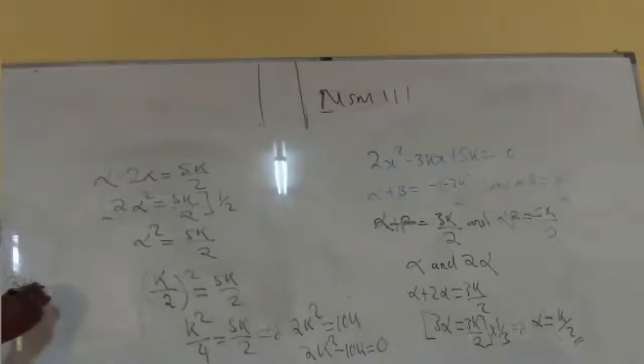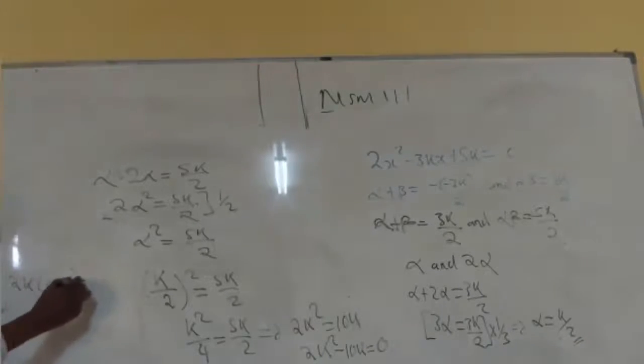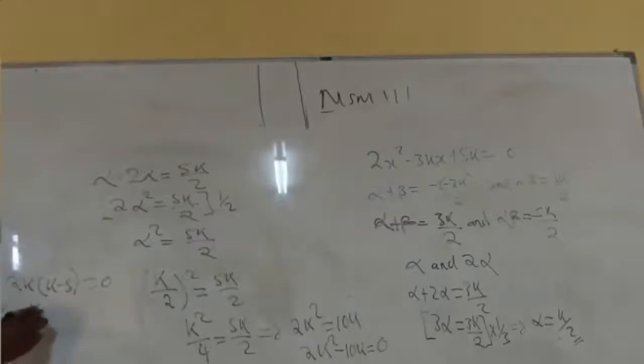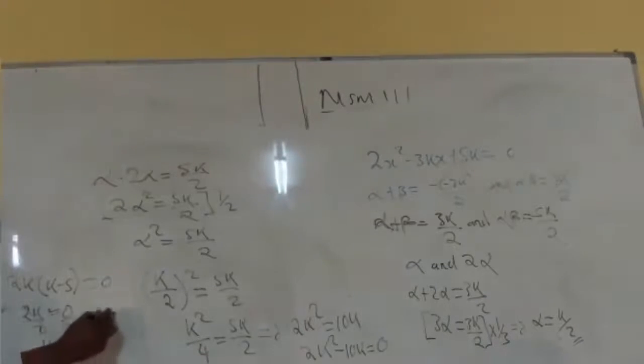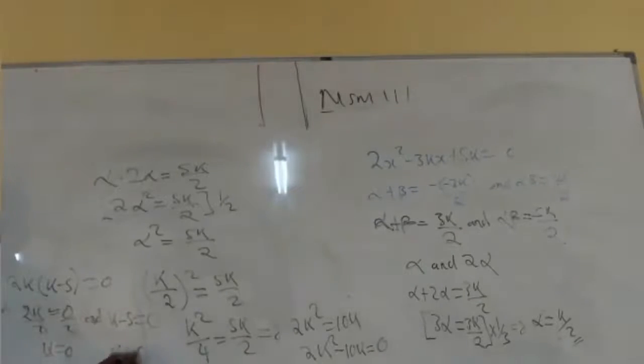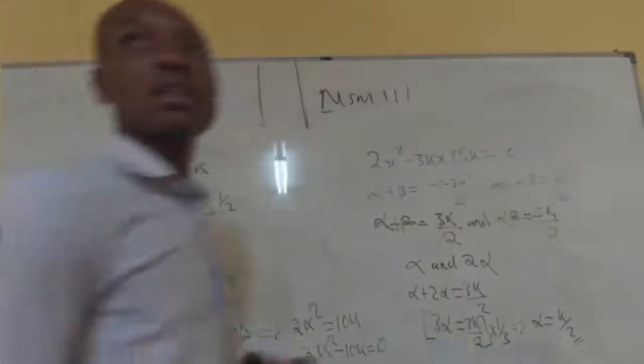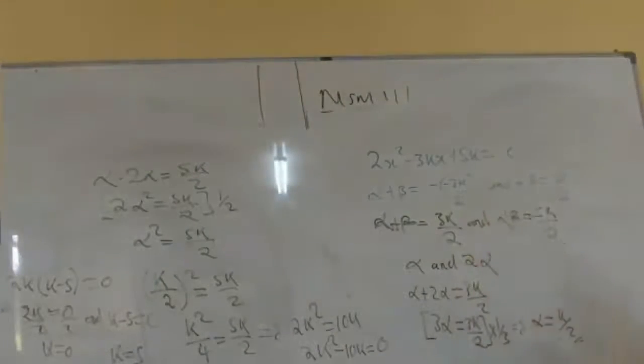What remains inside is k minus 5 equals 0. So we can say 2k is equal to 0, then dividing by 2, k is 0. And we have k minus 5 is equal to 0, so k is equal to 5. So we have those two values as the values of k.